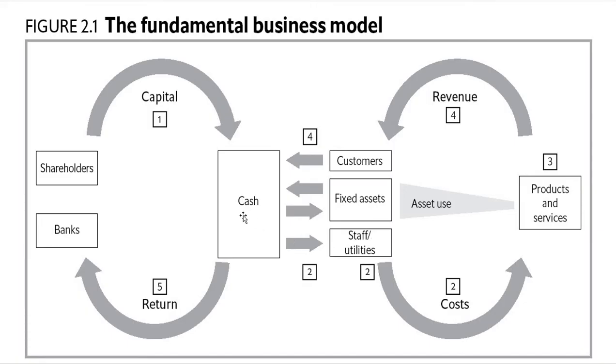So some of the cash here will be spent in order to pay the operating cost, the expenses of the business. So some of the cash will be paid to cover the cost of operations in order to produce products and services.